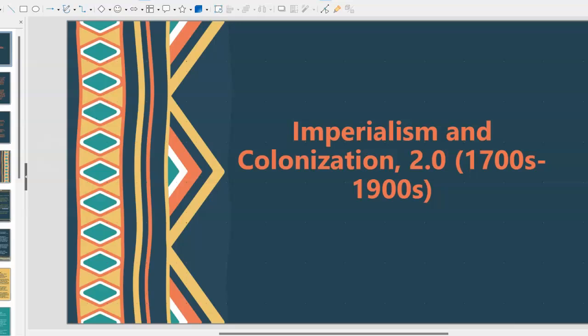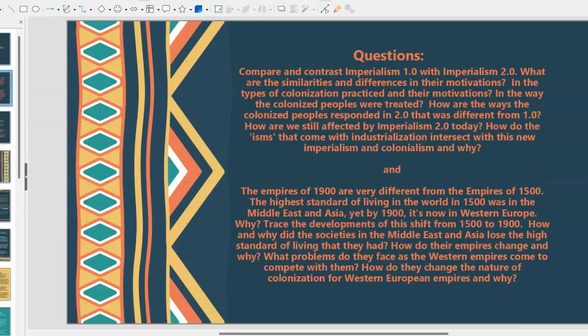Okay, so the two sets of questions, and again, I know these look very similar. The two sets of questions are: compare and contrast Imperialism 1.0 with Imperialism 2.0. What are the similarities and differences in their motivations, and the types of colonization practiced and their motivations?